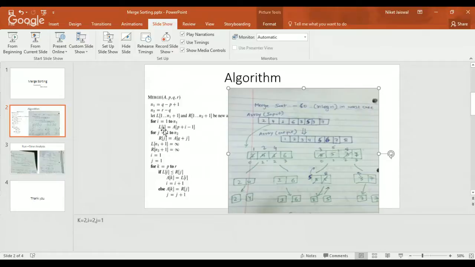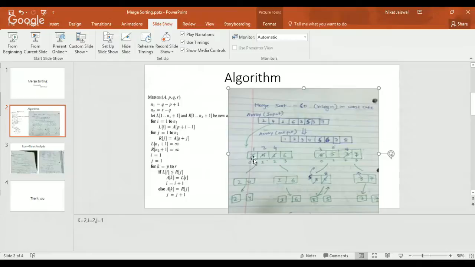My i would be starting from 1 to n1 and the other, j, will start from 1 to n2. How are n1 and n2 calculated? By assuming that my first four elements are n1 and the other four elements are n2.